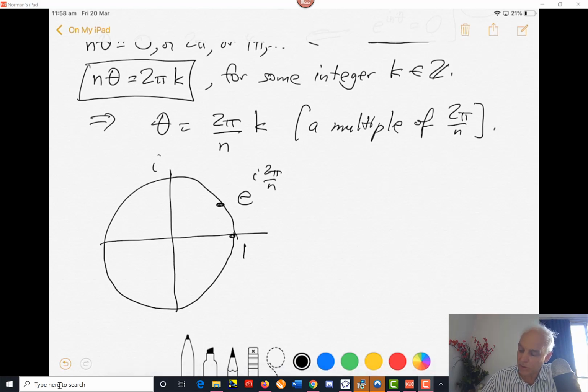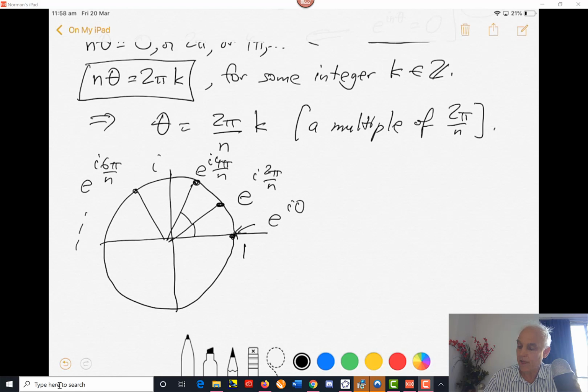Actually, one solution would be this one, that's the simplest one, e to the i 0, 0 times 2 pi on n. Okay, and then we have this one. And then the next one over would be e to the i 4 pi on n, twice the argument of this one, going the same angle. And then the next one would be e to the i 6 pi on n.